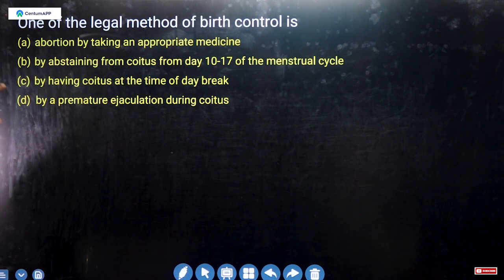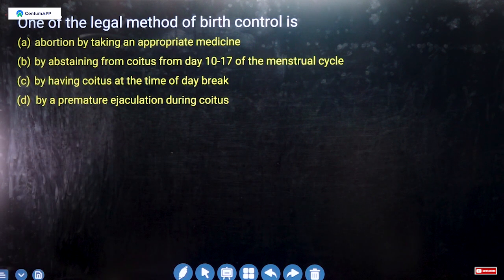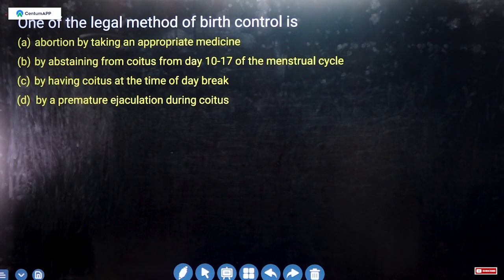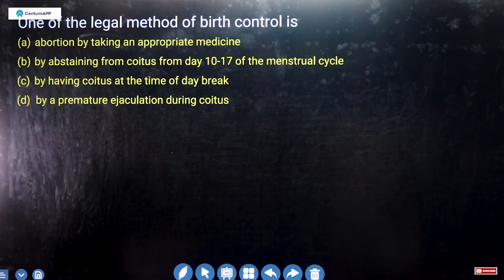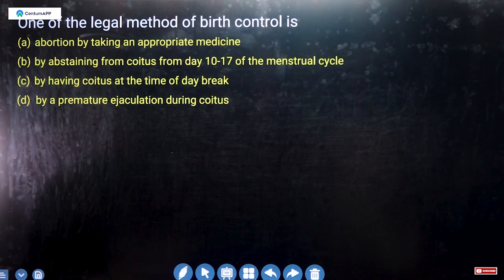Option A, abortion by taking an appropriate medicine. Option B, by abstaining from coitus from day 10 to 17 of the menstrual cycle. Option C, by having coitus at the time of daybreak. Fourth option, by premature ejaculation during coitus.